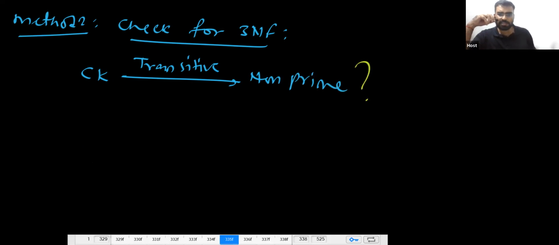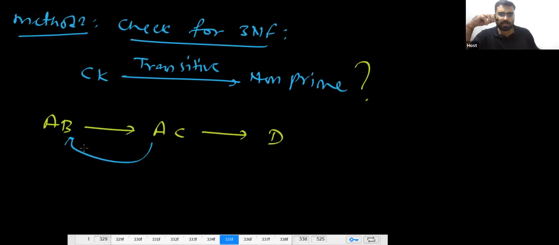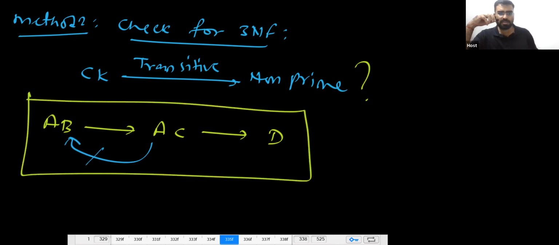Yes, we can create it. I can say that AB determines AC, and AC determines D. Can you notice this does not determine this? So this is your perfect photo. So I can say that AB determining D is transitive.